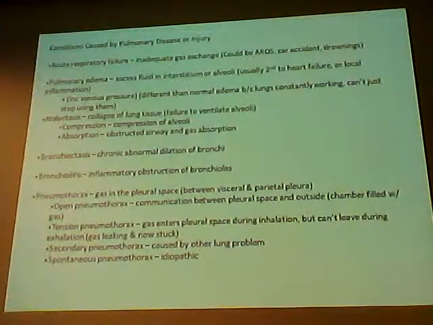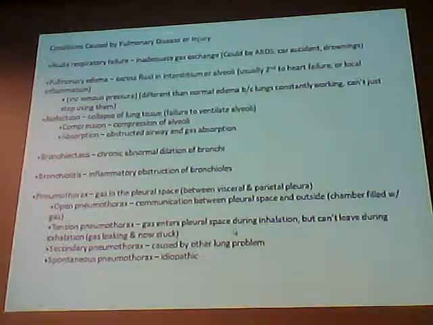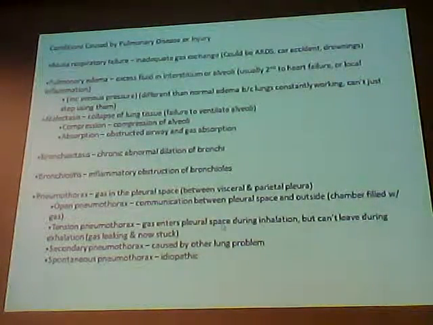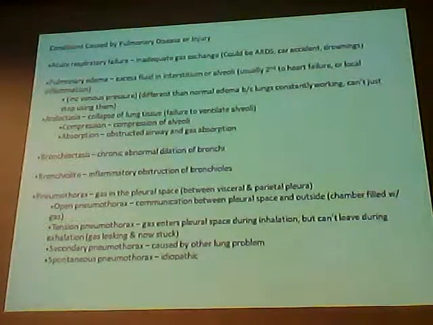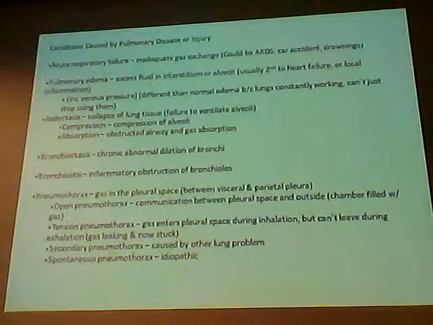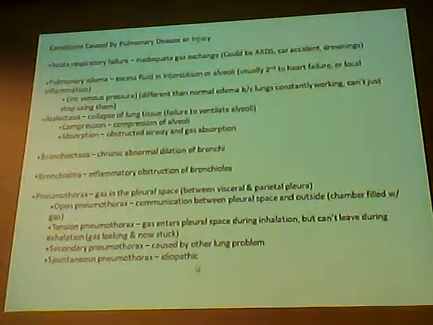A tension pneumothorax is when the pleural space has been penetrated somehow and gas gets leaked out, versus secondary, which is caused by another lung problem, and spontaneous is idiopathic, so you don't actually know what the cause is.